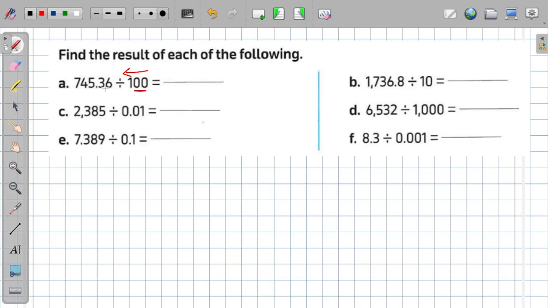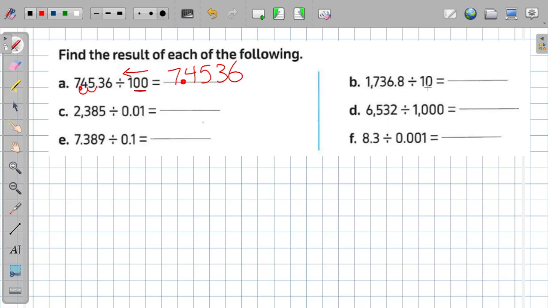So the decimal point is now between 5 and 3, so we will move it 1, 2. So the decimal point will be between 7 and 4. So I have 7, 4, 5, 3, 6, and the decimal point will be between 7 and 4. So the result will be 7.4536.